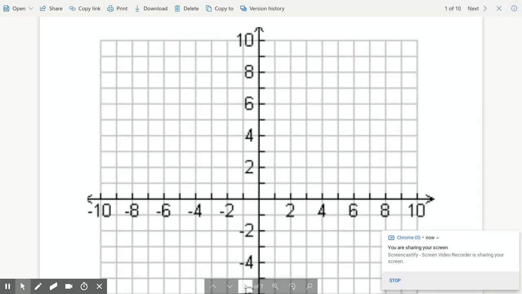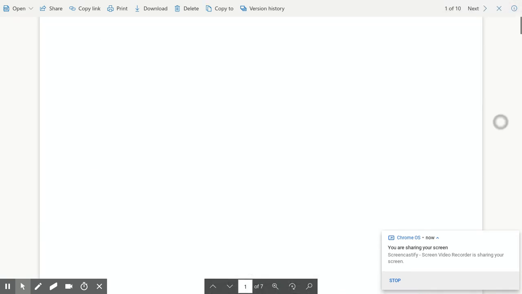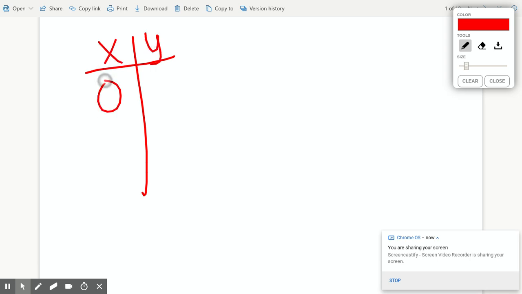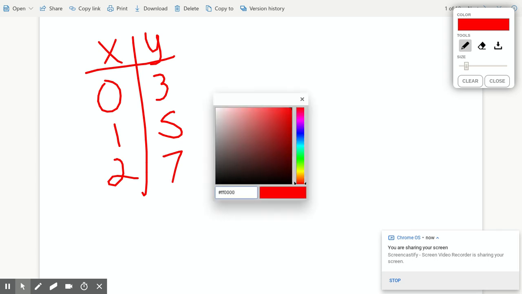So if you're given a table, for example, x values 0, 1, 2, and y values 3, 5, 7, you would have to find your rise over run.